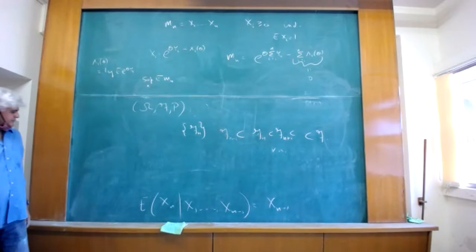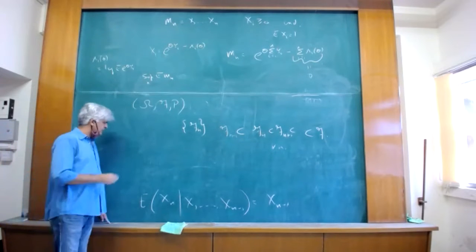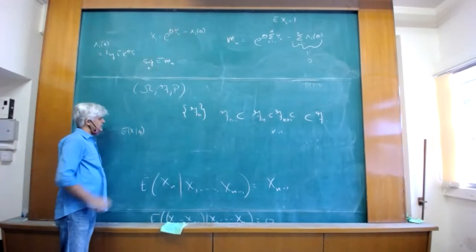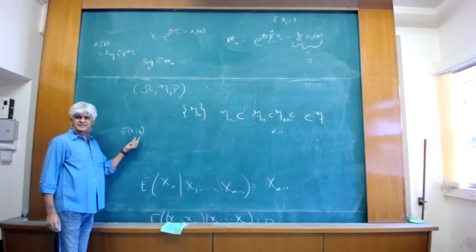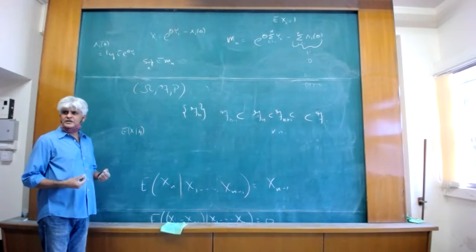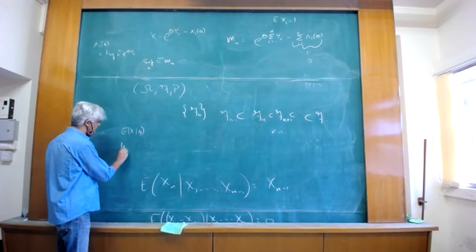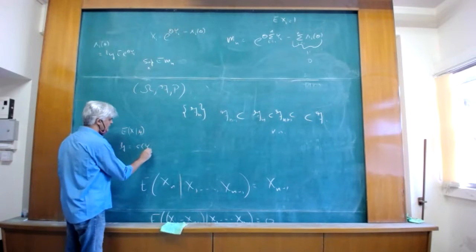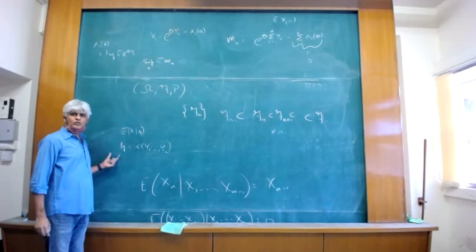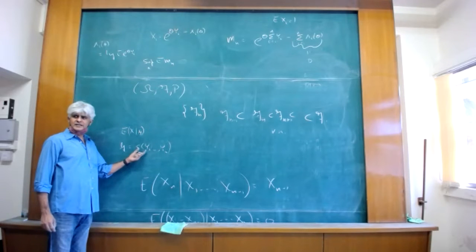Generally, when we talk about E of X given G, the good interpretation of G is that G is a measure of information. So each sigma algebra contains some information. For example, if G is sigma(Y1 to Yn), it's like saying that I know random variables Y1 through Yn.